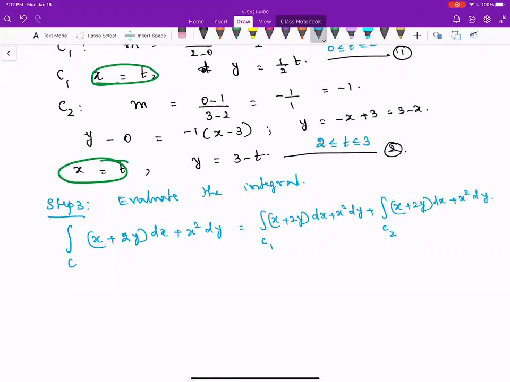Only the line segments have different parameters, the same parameter t, but different values for t. So we have to be careful when we substitute them and evaluate them.